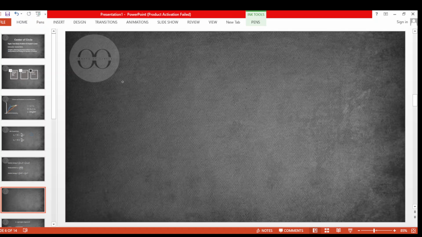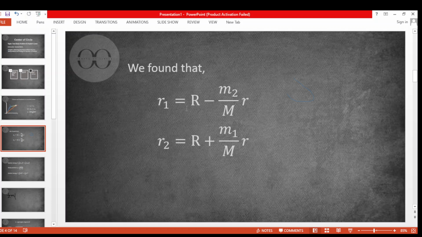So our equation was something like half m1 r1 dot square. Here r1 is capital R minus m2 by capital M into small r, so r1 dot will be capital R dot minus m2 by M small r dot, as m2 by M is constant.